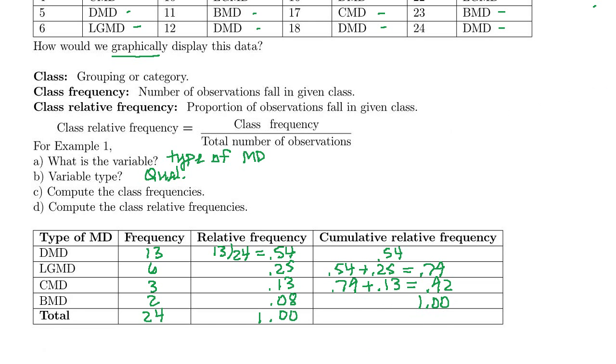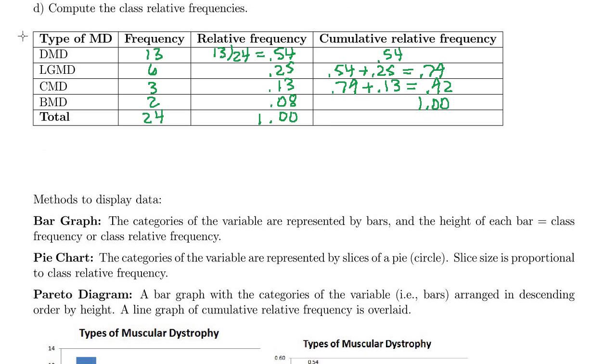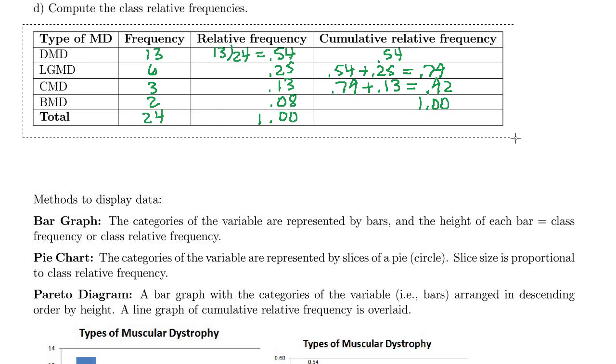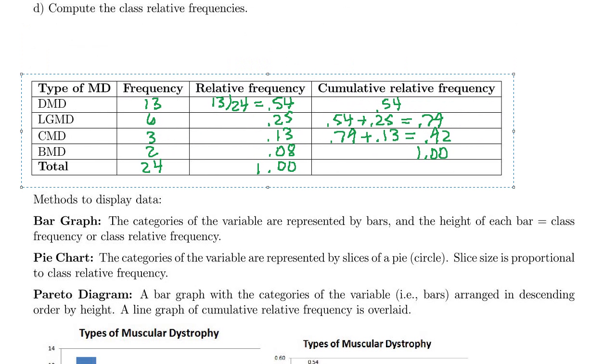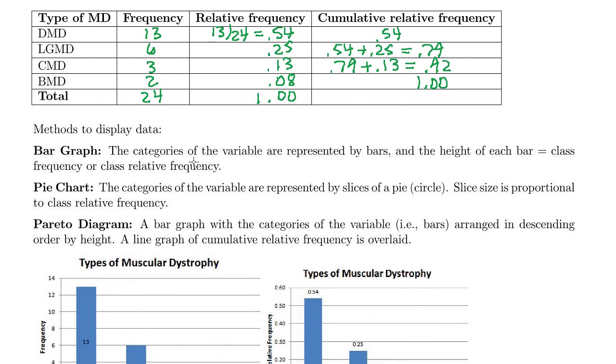So now to display our data here, we could look at bar graphs. In a bar graph, our categories are going to be represented by bars, and the height of each bar is going to be the class frequency or the relative frequency.